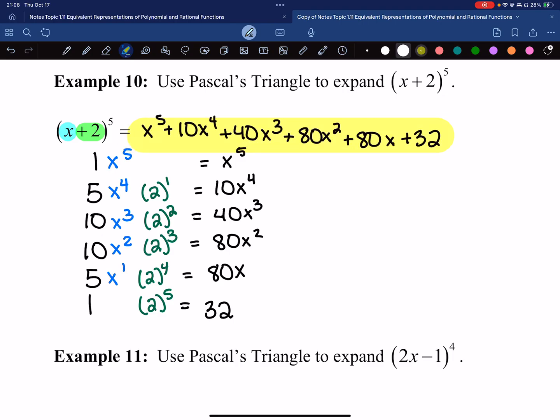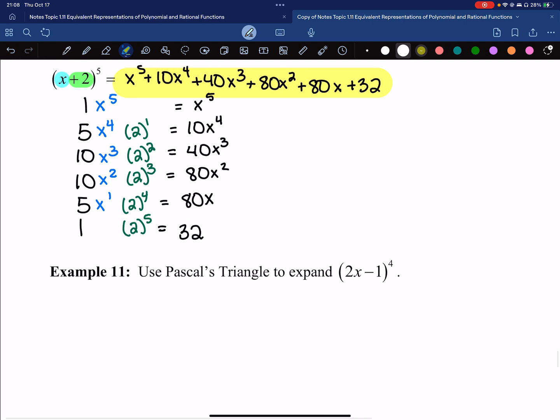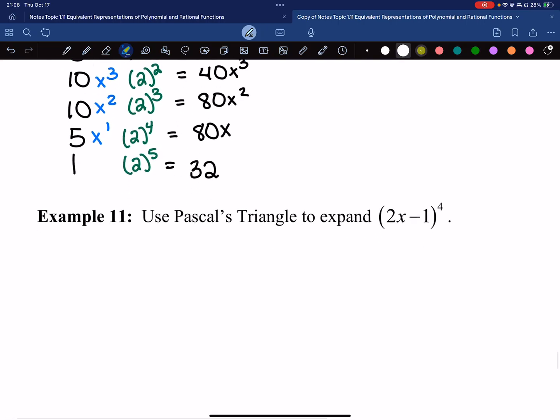So we get that. Okay. Now, everything we've done so far, there has not been a number in front of the x, so it's been pretty basic. Now, we're going to add in a number in front of the x and a minus sign.